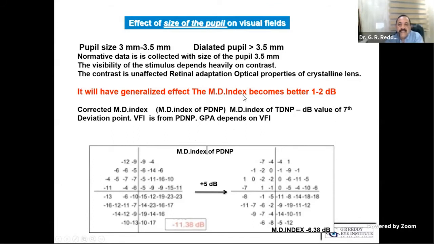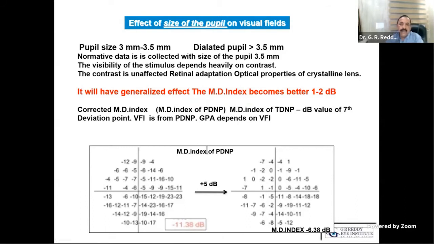So even if the pupil is dilated, you can still assess the progression, by taking into consideration the mean deviation index of the pattern deviation numerical plot, the difference between the two. And if you want the progression analysis, the visual field index is already calculated from the pattern deviation numerical plot.